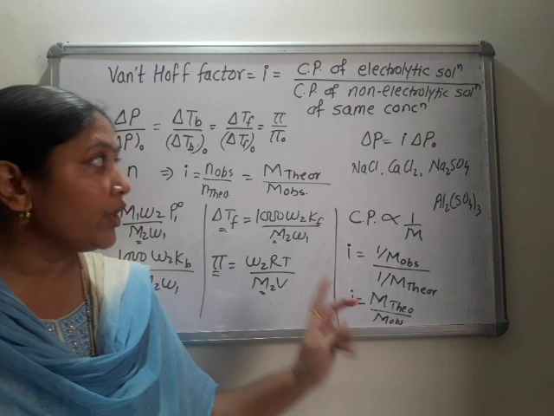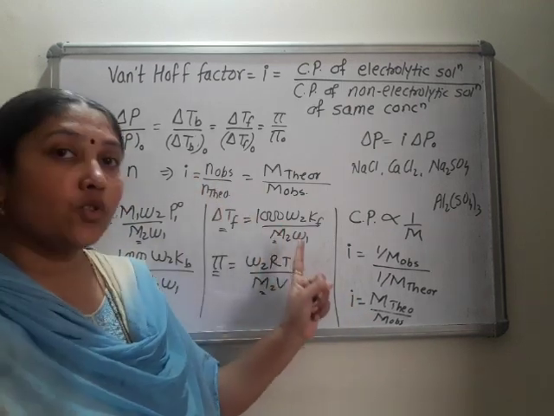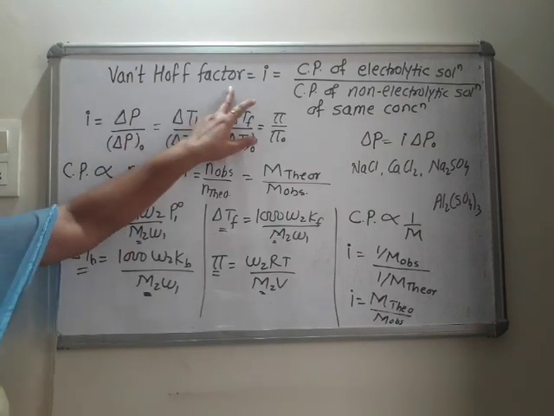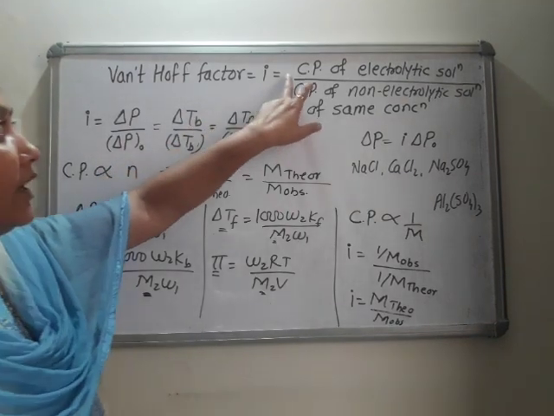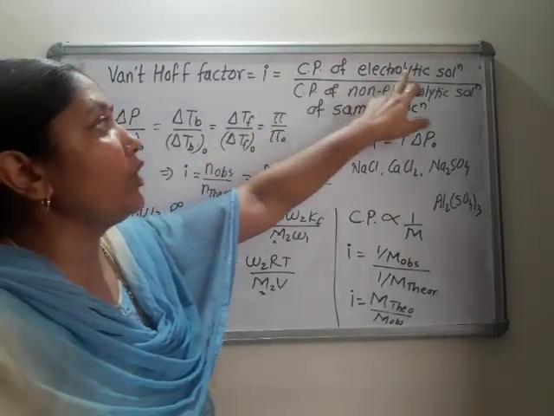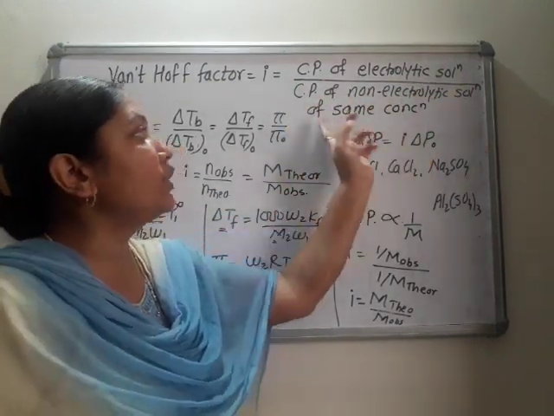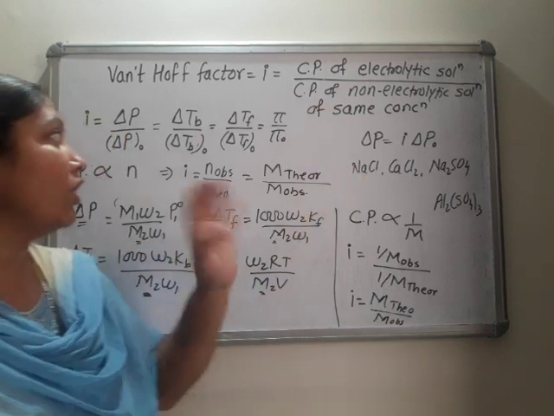Is this clear? So this is for strong electrolytes. What did I say? The van't Hoff factor i is the ratio of the colligative property of the electrolytic solution to the colligative property of the non-electrolytic solution of the same concentration.